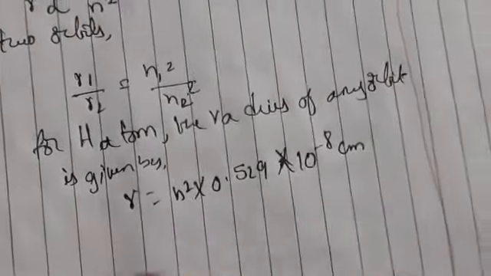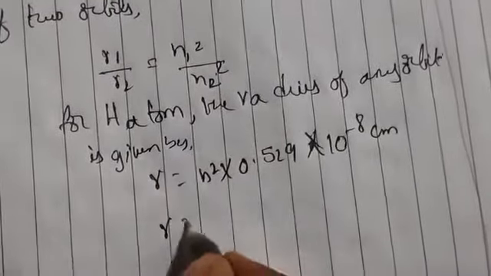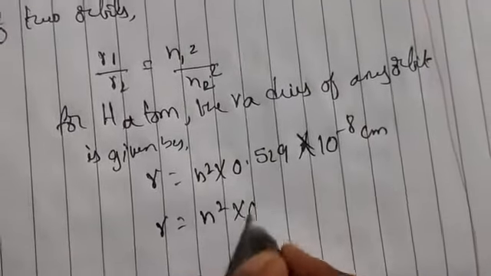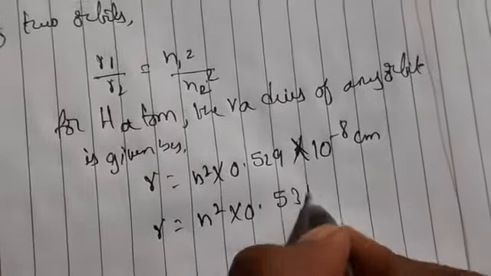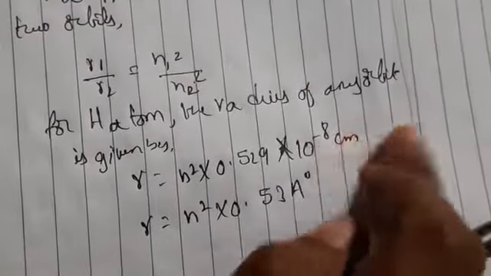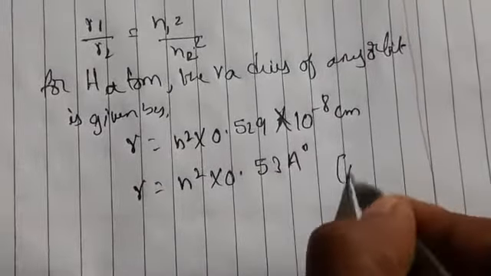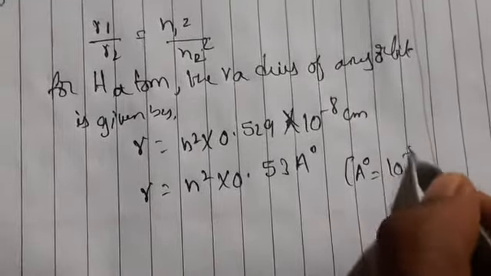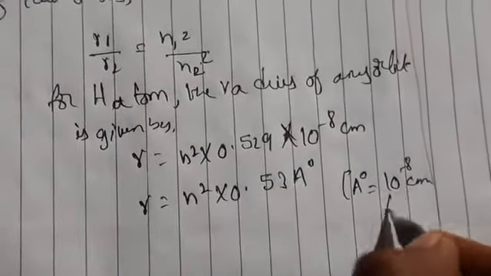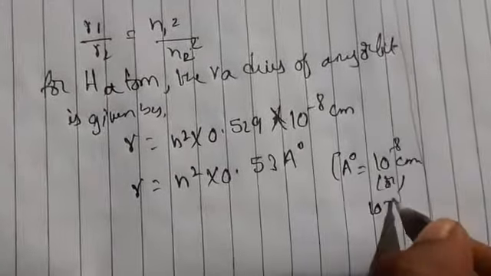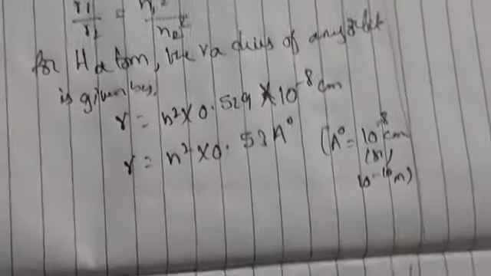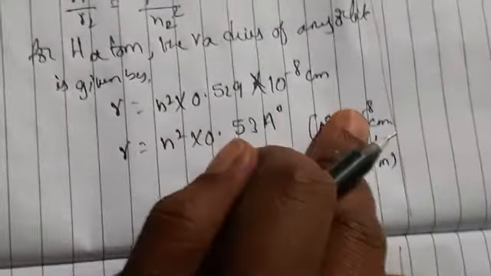So we get r is equal to n square into 0.53 angstrom, where 1 angstrom is 10 to the power minus 8 centimeter, or we can take 10 to the power minus 10 meter. Okay, this is for 1 angstrom.